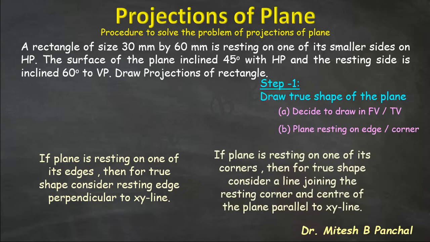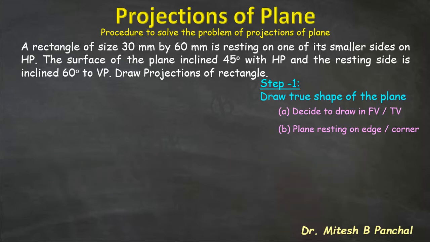And if the plane is resting on one of its corners, then for the true shape, we have to consider that the line joining the resting corner and the center of the plane should be parallel to xy. These two conditions decide the proper orientation of the true shape based on the resting condition, whether the plane is resting on an edge or on a corner. That we will see now.